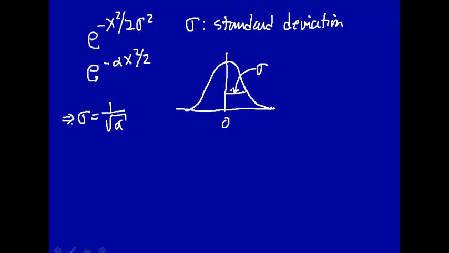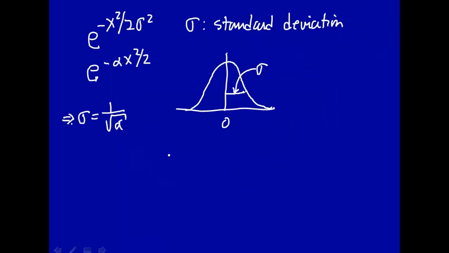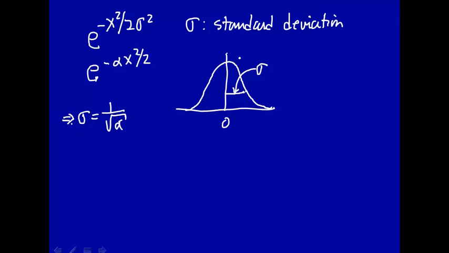So the width of this Gaussian distribution is governed by alpha, which in turn is governed by the mass of the particle and the frequency with which it oscillates. That's the Gaussian part of the solution to the Schrodinger equation for a harmonic oscillator for these wave functions. What this will do is multiply everything here by this envelope.